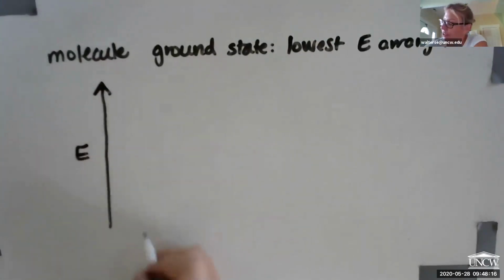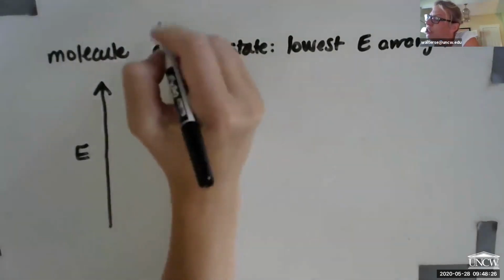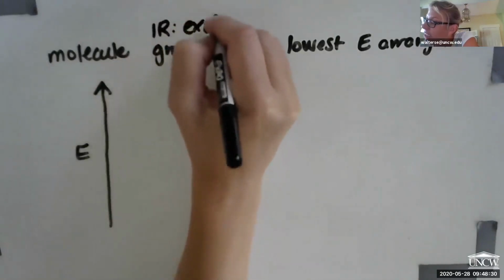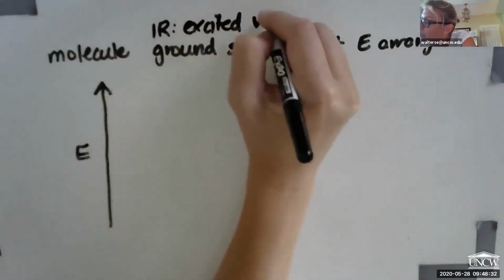Okay, but you can have electronic states, you can have rotational states, and you can have vibrational states. So in infrared, what we're going to look at are excited vibrational states.